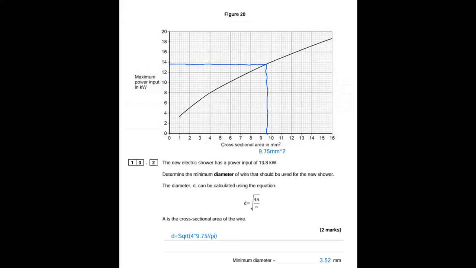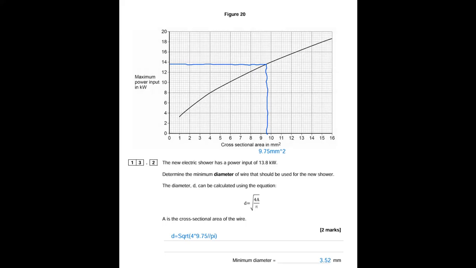Okay, moving on to 13.2, we're given a graph of the maximum power output in kilowatts on the y-axis and the cross-sectional area in millimeters squared on the x-axis. And we are given that the shower has a power output of 13.8 kilowatts, and we're meant to determine the diameter of the wire that should be used for it.